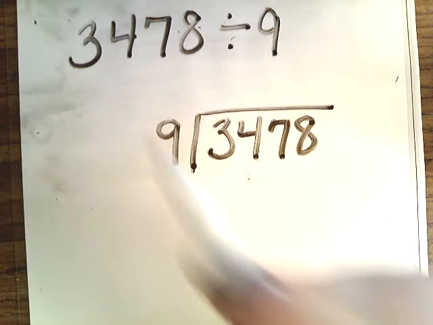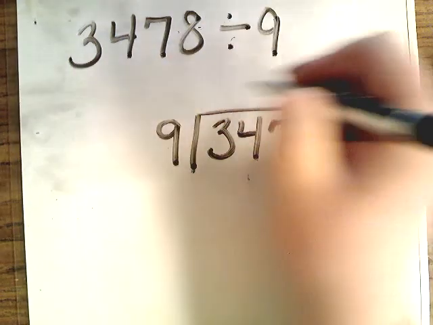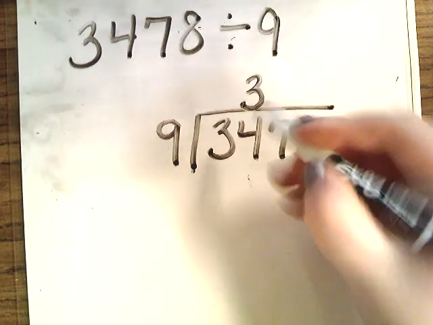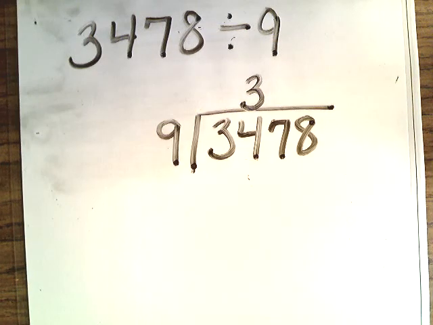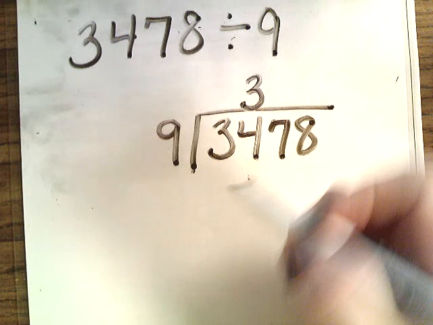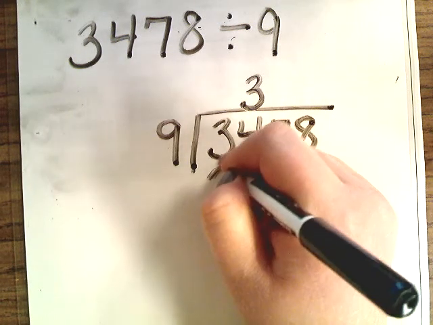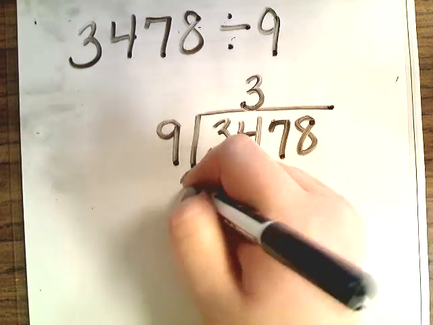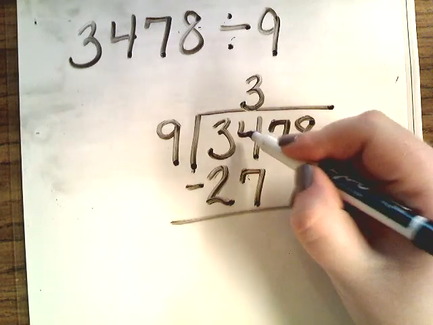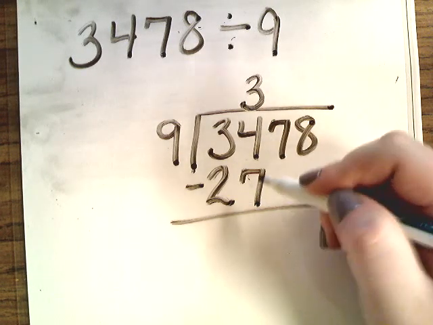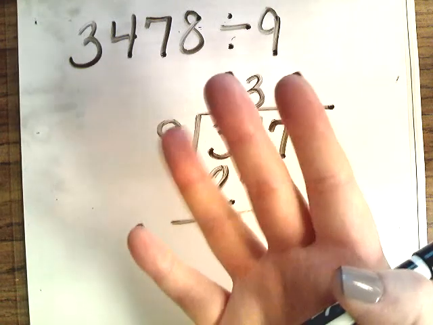3 times. And we put that 3 above the 4 because it wouldn't fit into 3. 3 times 9 is 27. And we subtract. 4 cannot take away 7. If I have 4, there's not 7 to take away.